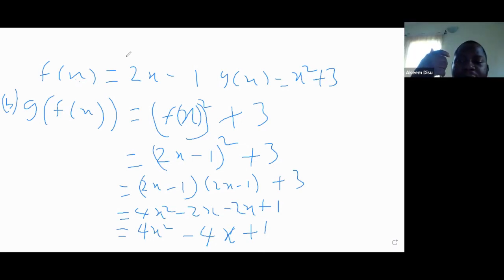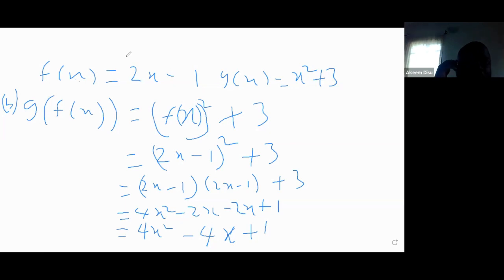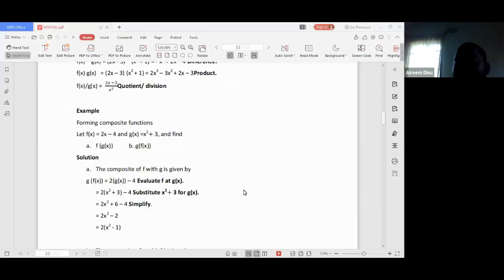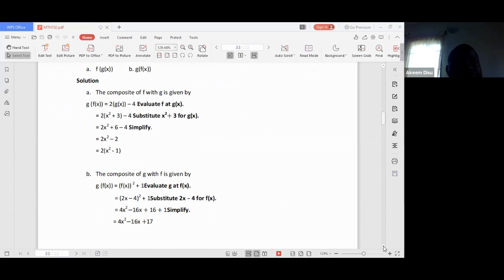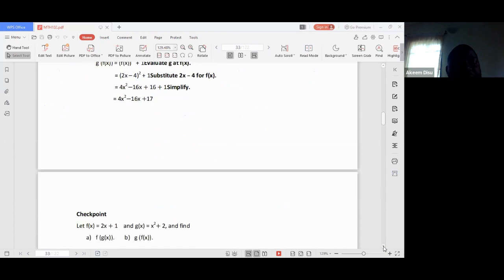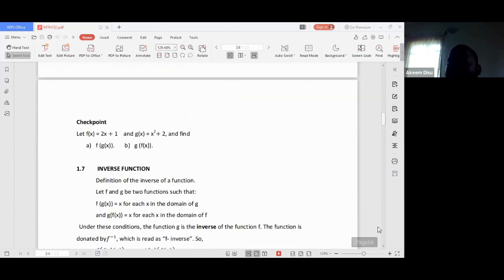Okay. Let's go back to our course material. Maybe we can take more examples before we move on to inverse of function. This is what we solved.